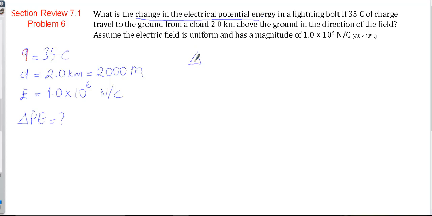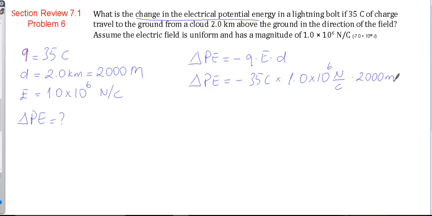Delta PE is equal to minus Q, E and D. Delta PE is equal to Q, which is given, 35 coulomb, multiplied by the electric field, 1.0 10 to the power of 6 Newton per coulomb, and multiplied by D, 2000 meter.